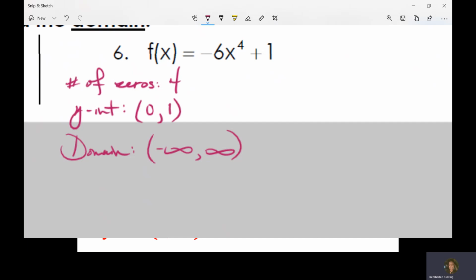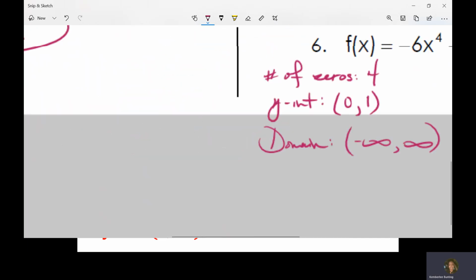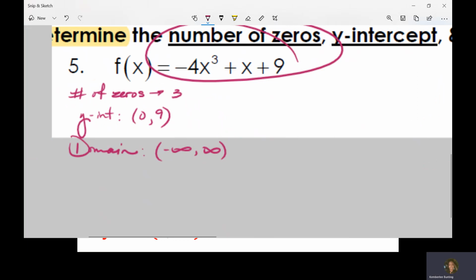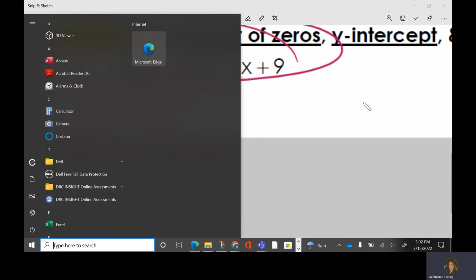Can I go now? Okay. Cool. All right, guys, turn to a new sheet in your notes.